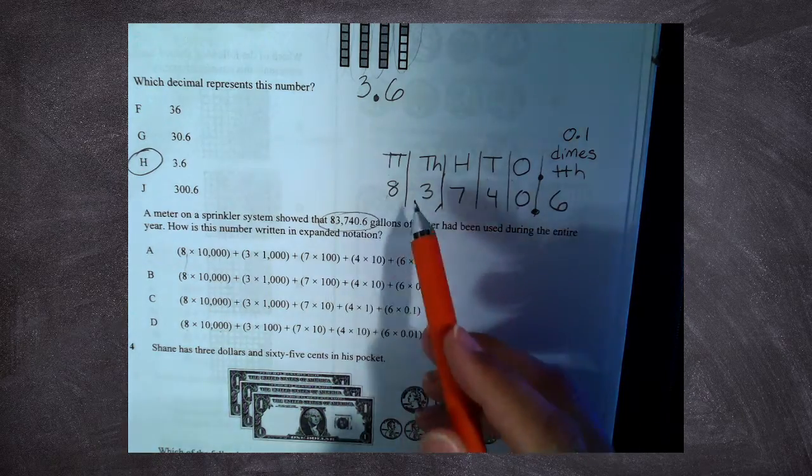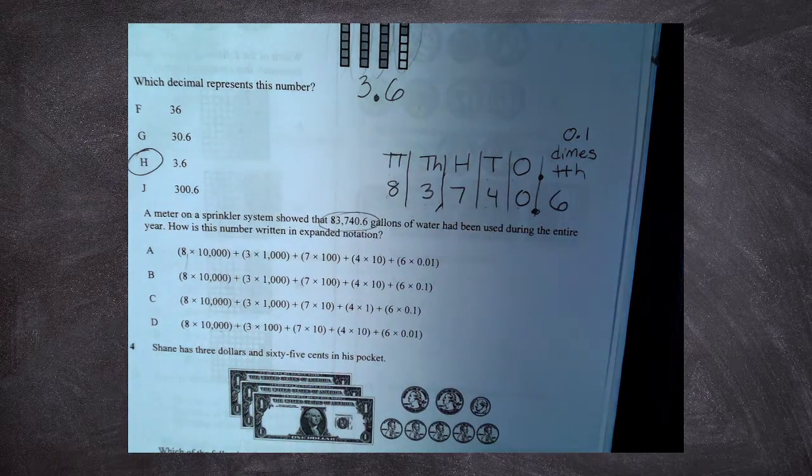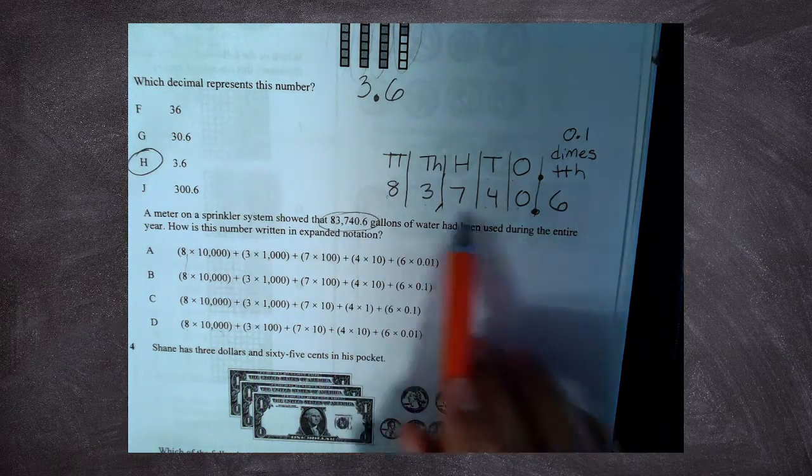The 8 is the biggest place value, but what's the next one? Look at the number here.